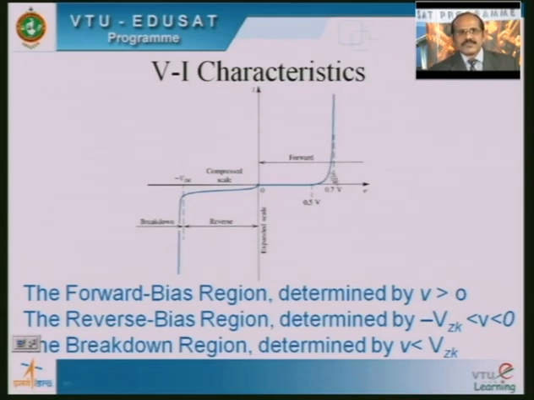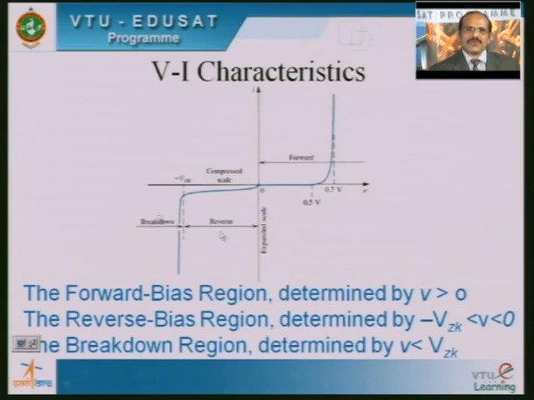The reverse bias region is determined by minus VZK less than V less than 0, and the breakdown region is defined by V less than minus VZK, as you can see here.